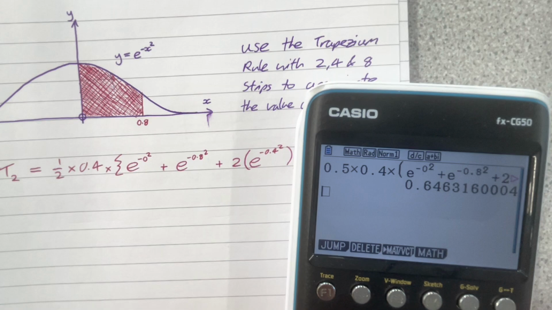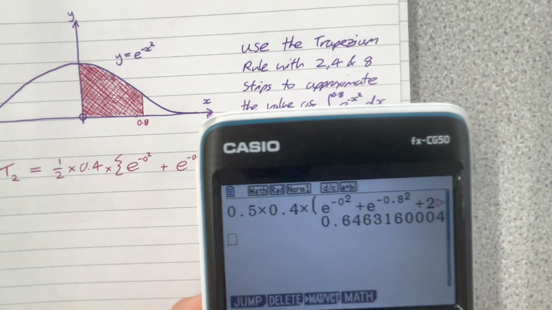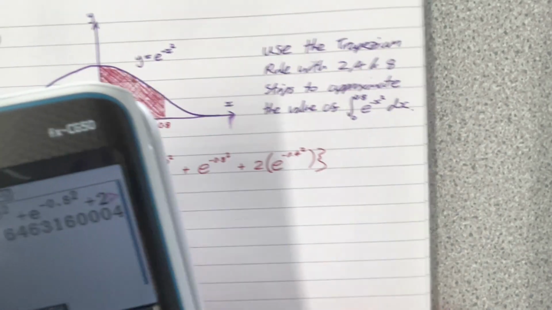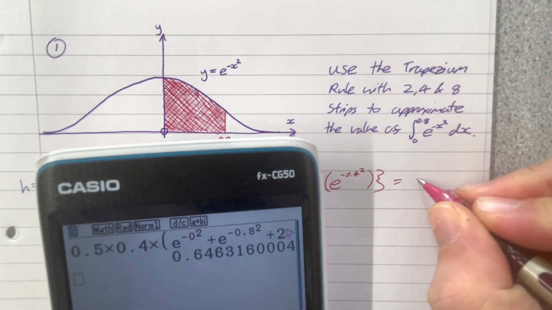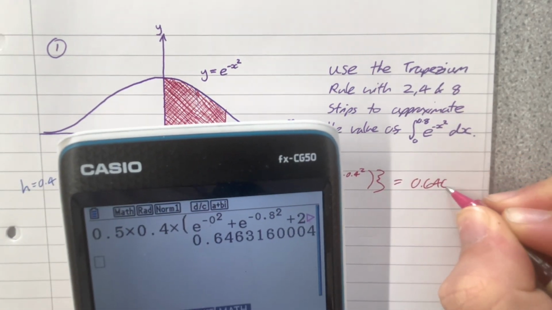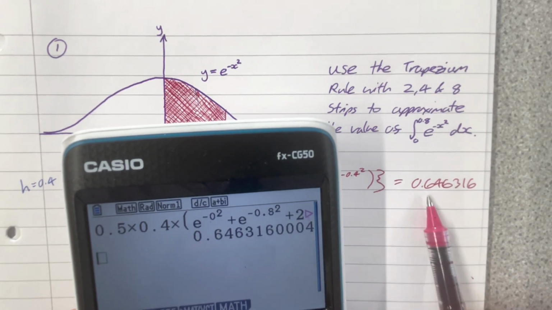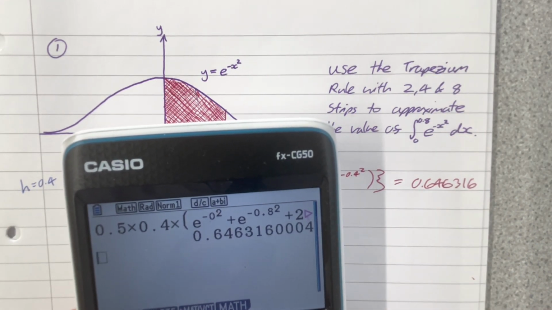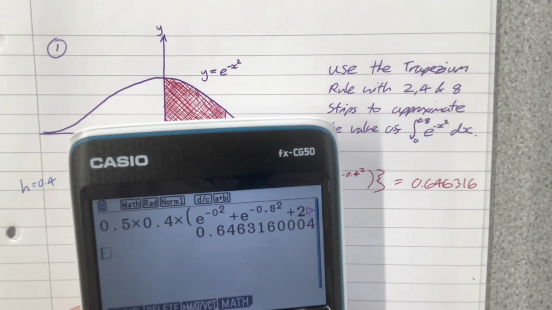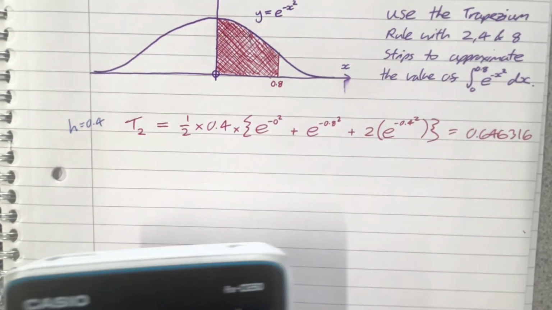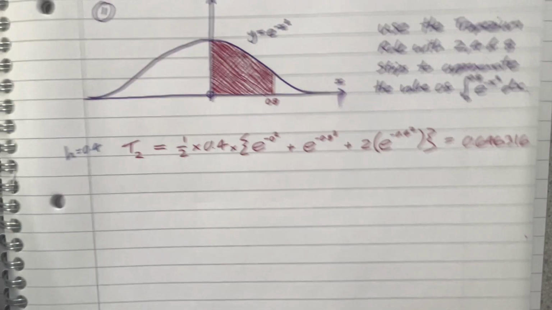Push equals, and there's my approximation. Okay, so that approximates my integral, and that is going to be 0.646316. Now, usually a question would ask for a certain degree of accuracy. I'm going to do everything to 6 decimal places for this video. Okay. All right, so that's T2, that's with 2 strips.